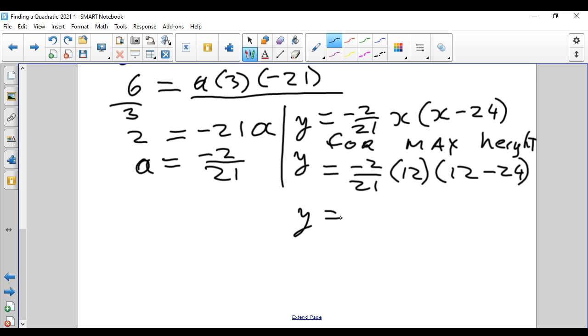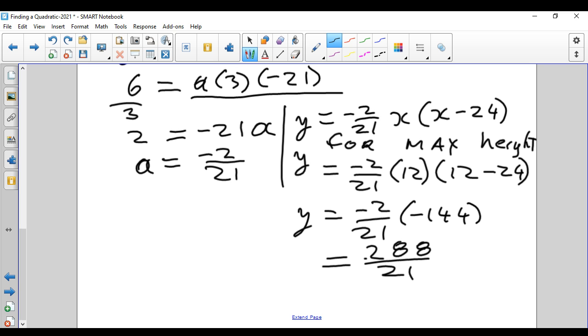So y equals minus 2 over 21 times 144, minus 144. Why am I saying minus 144? Because this is going to be 12 times this other 12, which of course is a product of 144. And it's negative because the 12 minus 24 is negative. So by some mental math, this would be a positive number, 288 over 21.